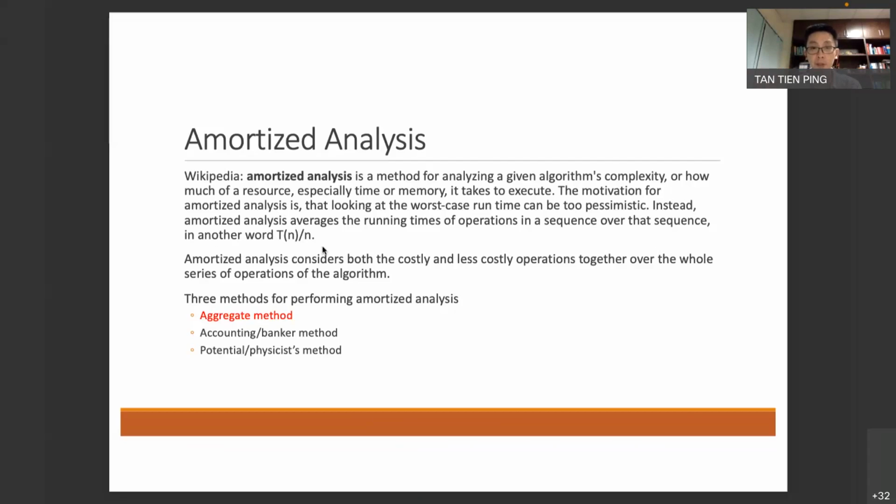There are a few methods to perform amortized analysis. We'll be looking at the aggregate method. The aggregate method is the method you are more familiar with. It's similar to how we calculate the time complexity that you have learned so far.